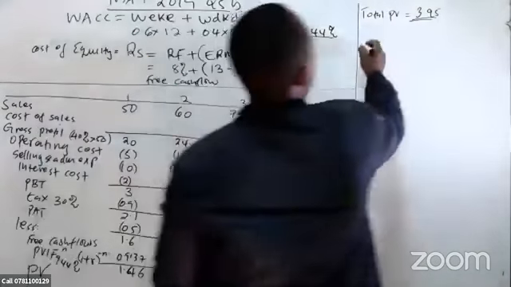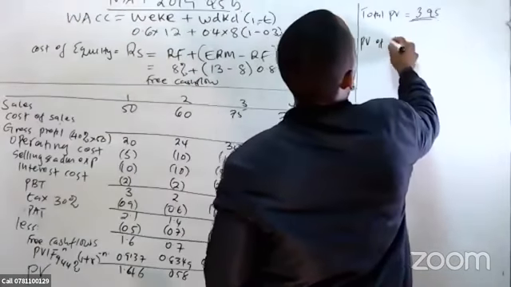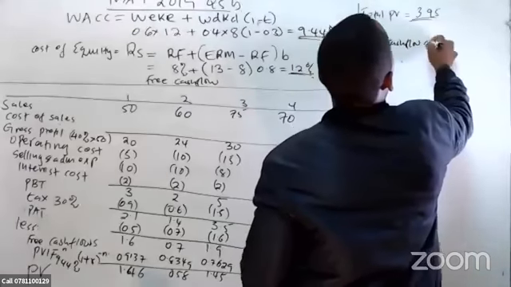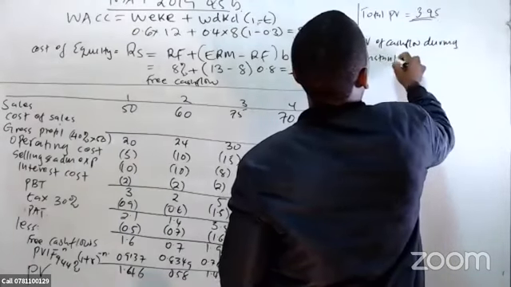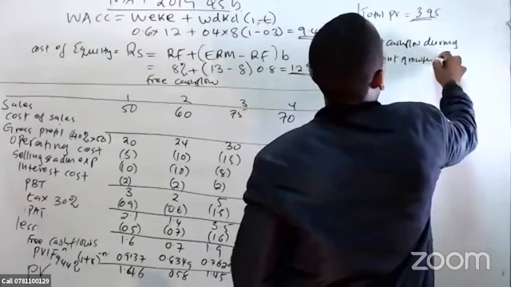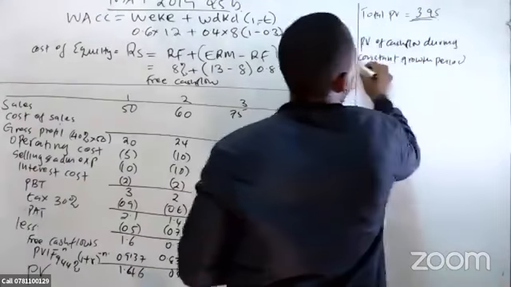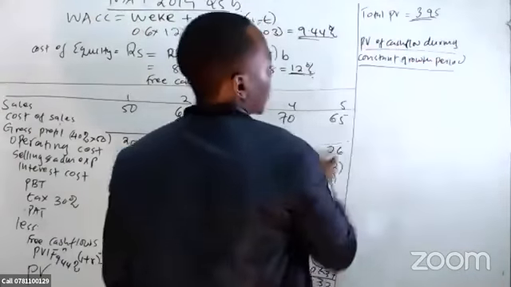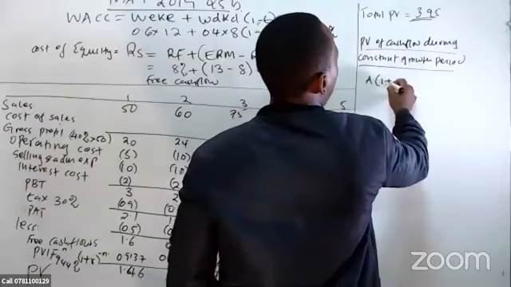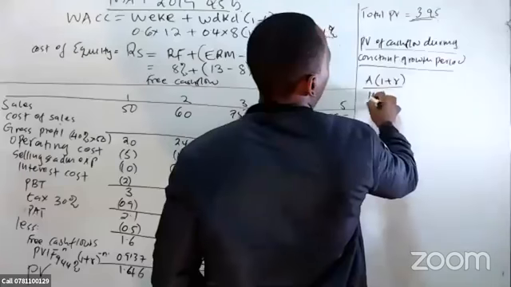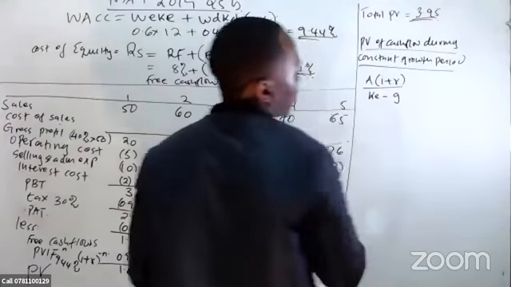So in this case, present value of cash flows during constant growth period. This is the formula I use. You take the annuity, 1 plus R, cost of equity minus the growth rate.